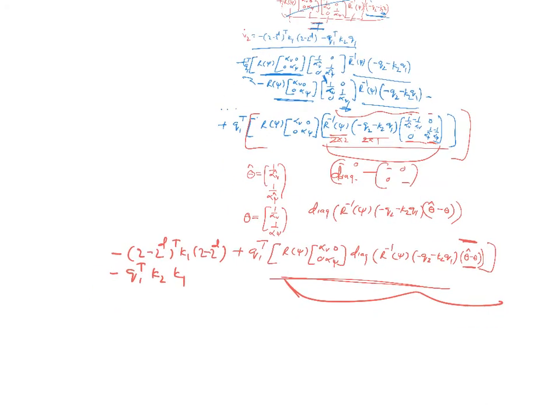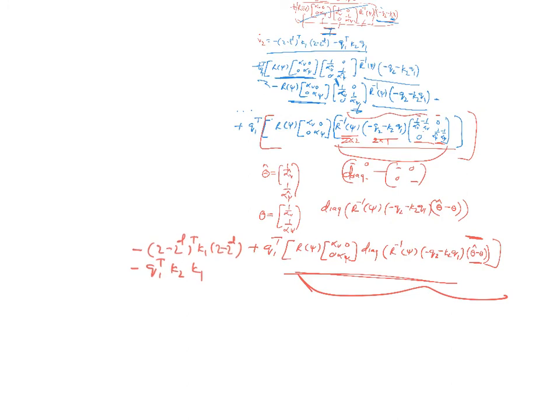So now we can make our new Lyapunov candidate function, which is V3 equals V2 plus alpha gamma. What is alpha? Let's see. Some tuning parameter for now.